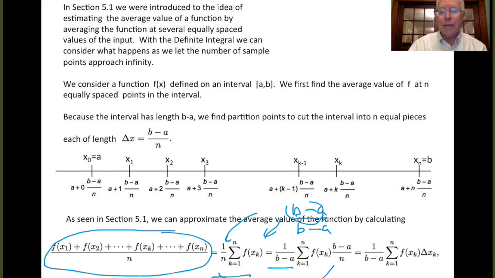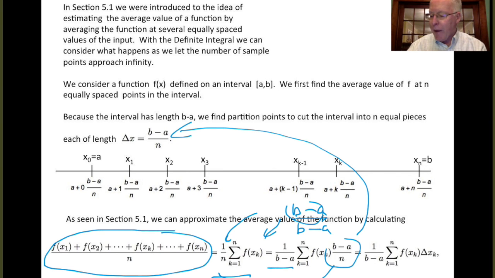I like seeing b minus a over n because that is the delta x, the interval length in this problem. So this average of n things can be written as 1 over b minus a times the sum as k runs from 1 to n of f of xk delta xk, where of course delta xk is b minus a over n.